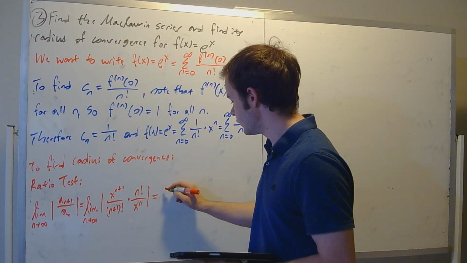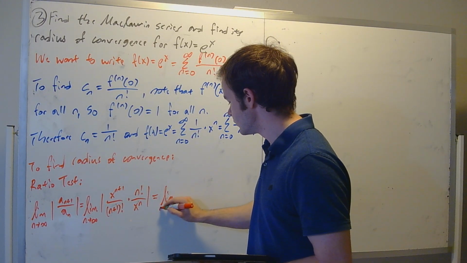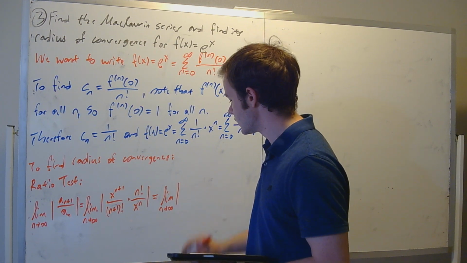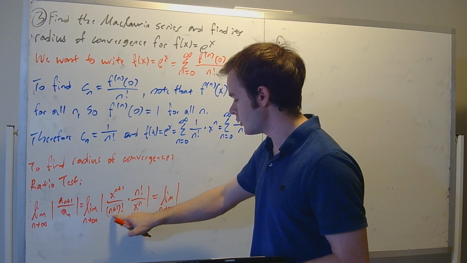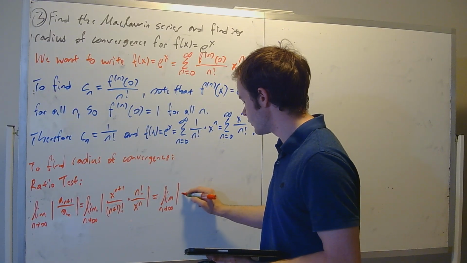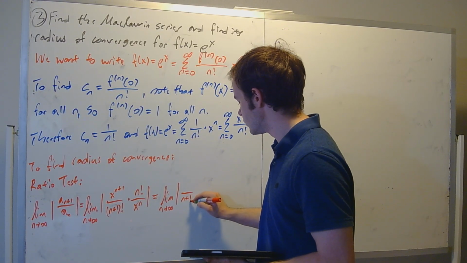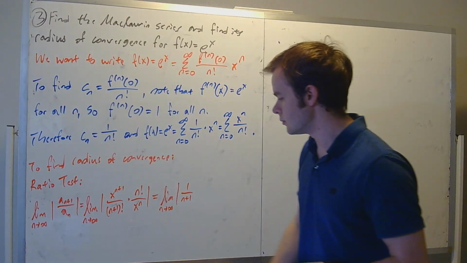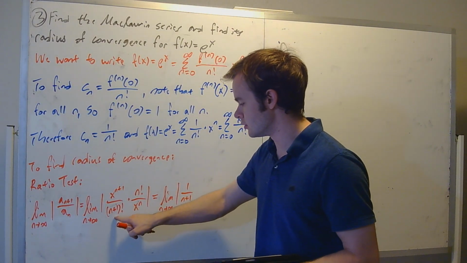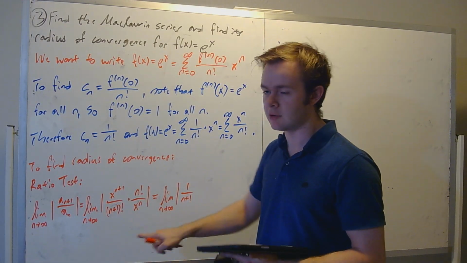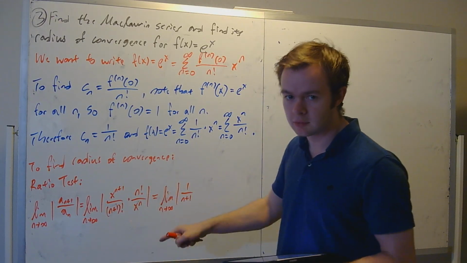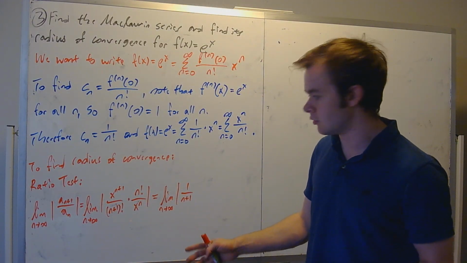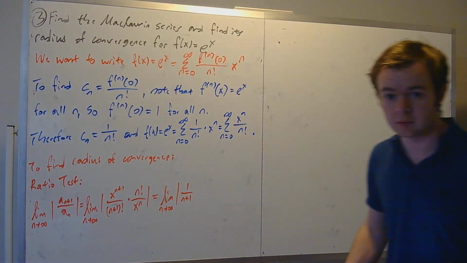So you're just left with 1 over n plus 1, right? Because this is multiplying n plus 1 times n times n minus 1, and so on. This is n times n minus 1, and so on. You cancel out almost all those terms. You're just left with 1 over n plus 1.